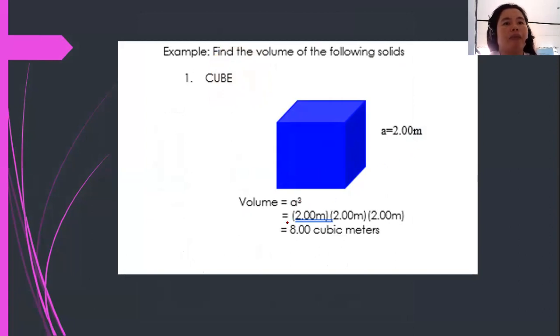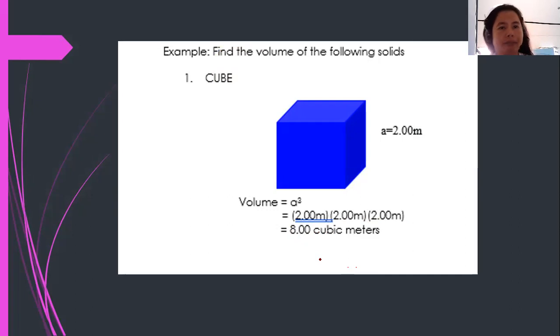So we substitute A: 2.00 meters times 2.00 meters times 2.00 meters. When you multiply it all, the answer is 8.00 cubic meters.